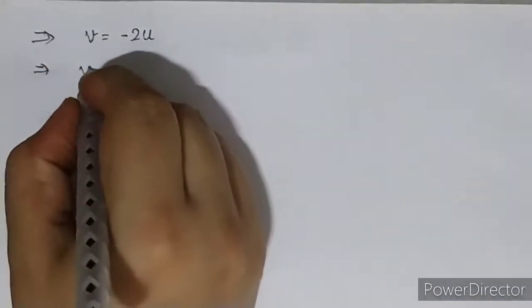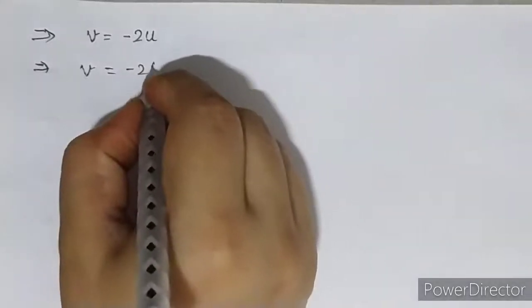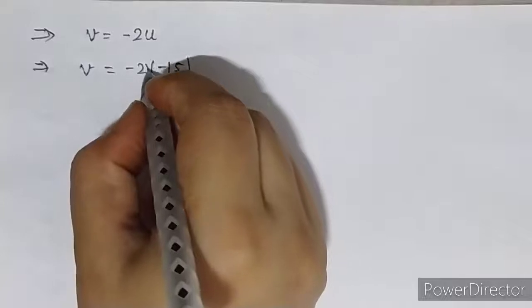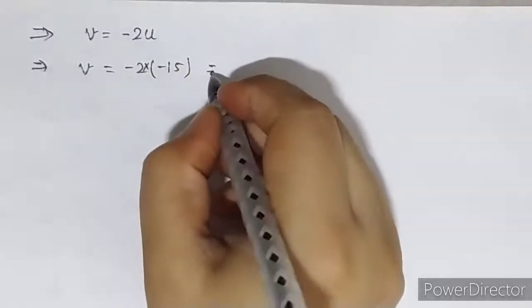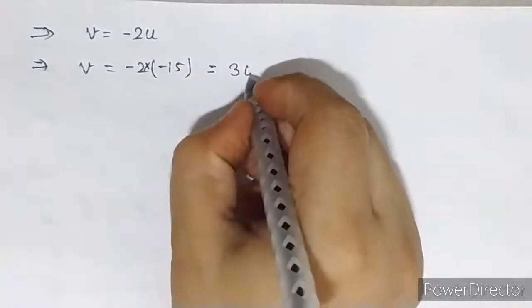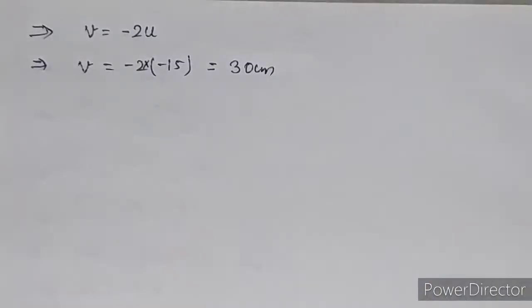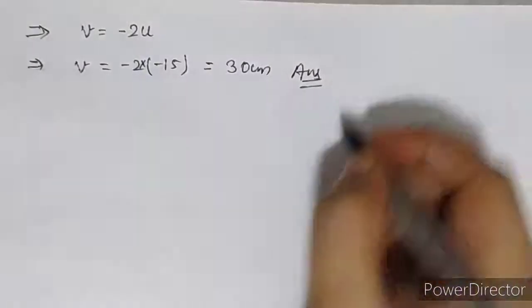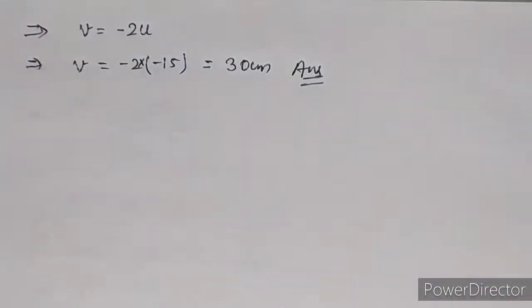So we put the value in this format. v is equal to minus 2 into minus 15. So it will become minus minus plus 30 centimeter. Okay, so this will be the image distance, and minus 15 centimeter is the object distance. This is what we had to calculate in this question.